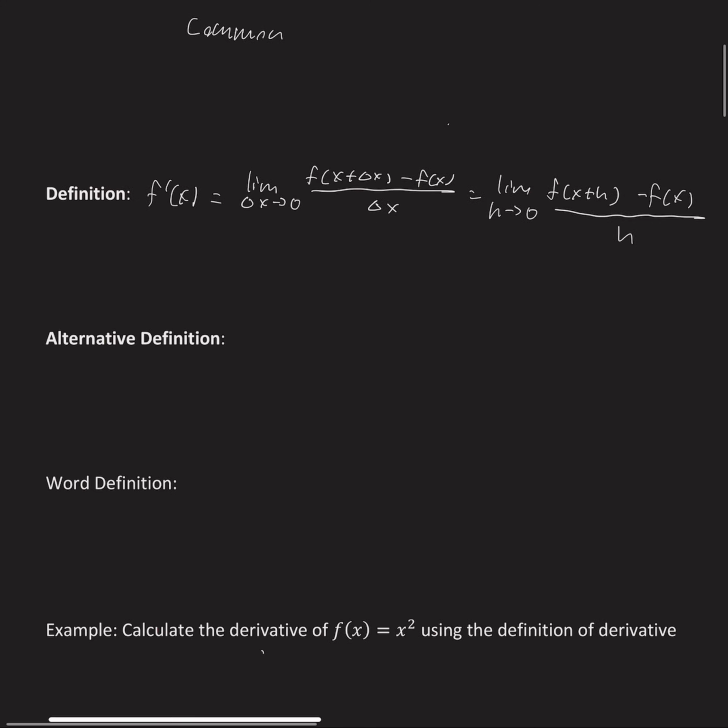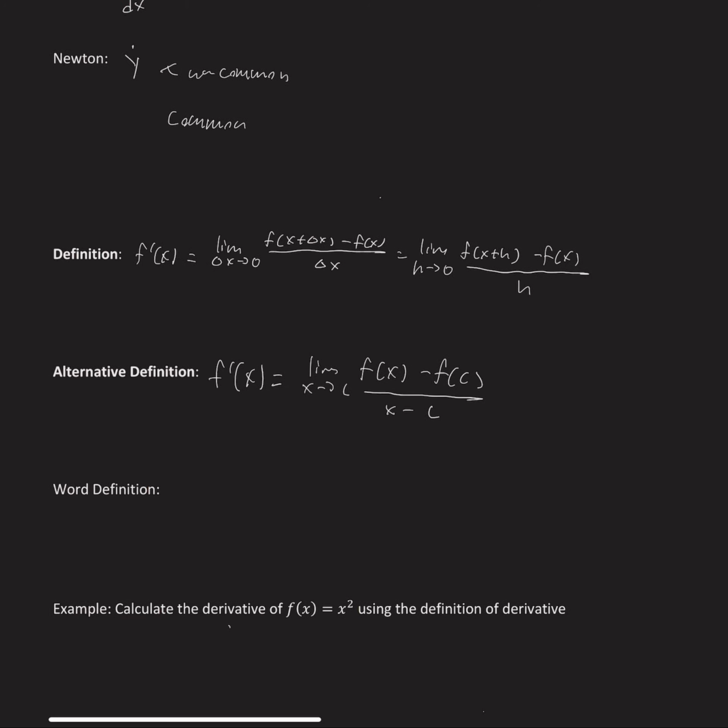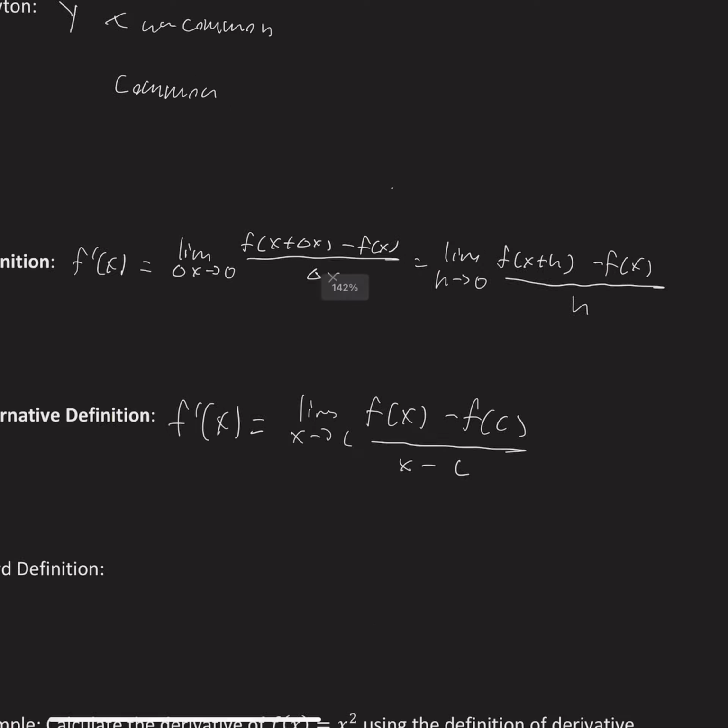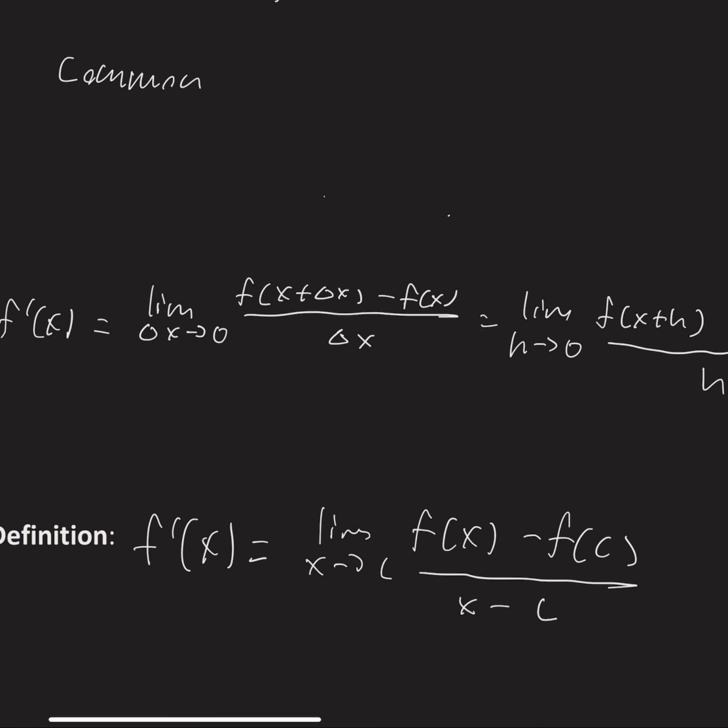And let's talk about the alternative definition. It's f prime of x equal to the limit as x approaches some number c of f of x minus f of c divided by x minus c. What does this definition really mean? Well, does this look like dy over dx to you? In fact, it is, when dx is approaching 0.